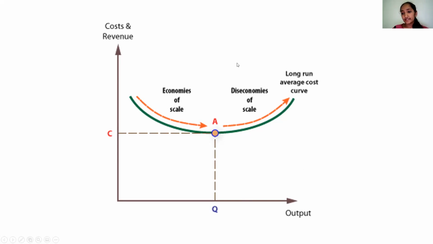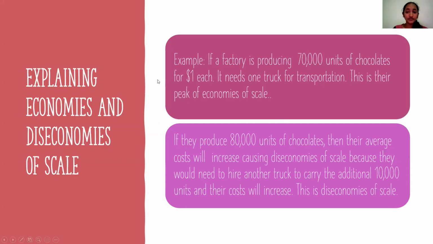To further explain this graph, we will first talk about what economies of scale and diseconomies of scale are with an example. So, if a factory is producing 70,000 units of chocolates for $1 each, it needs one truck for transportation.